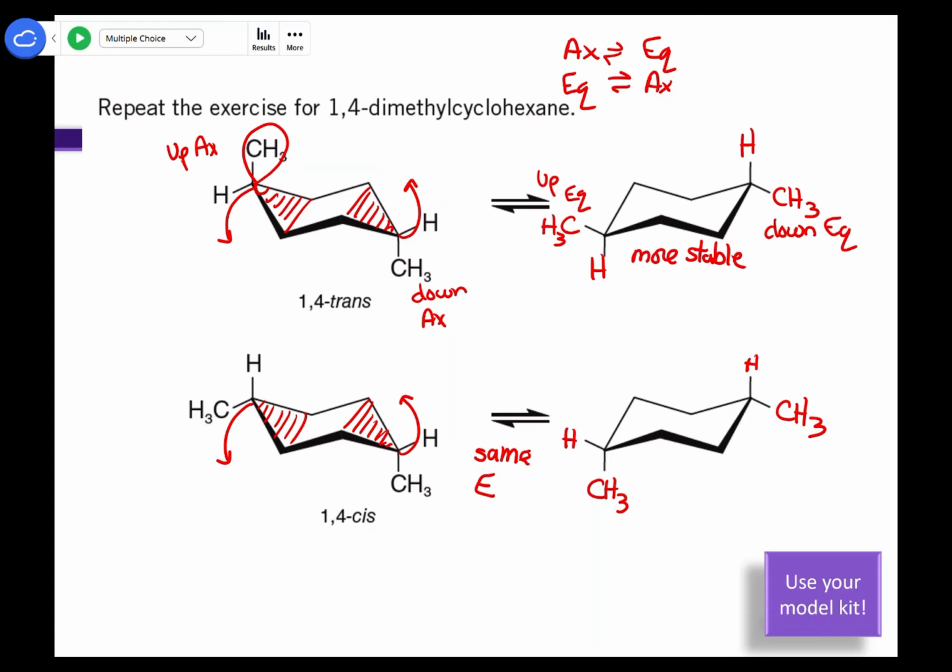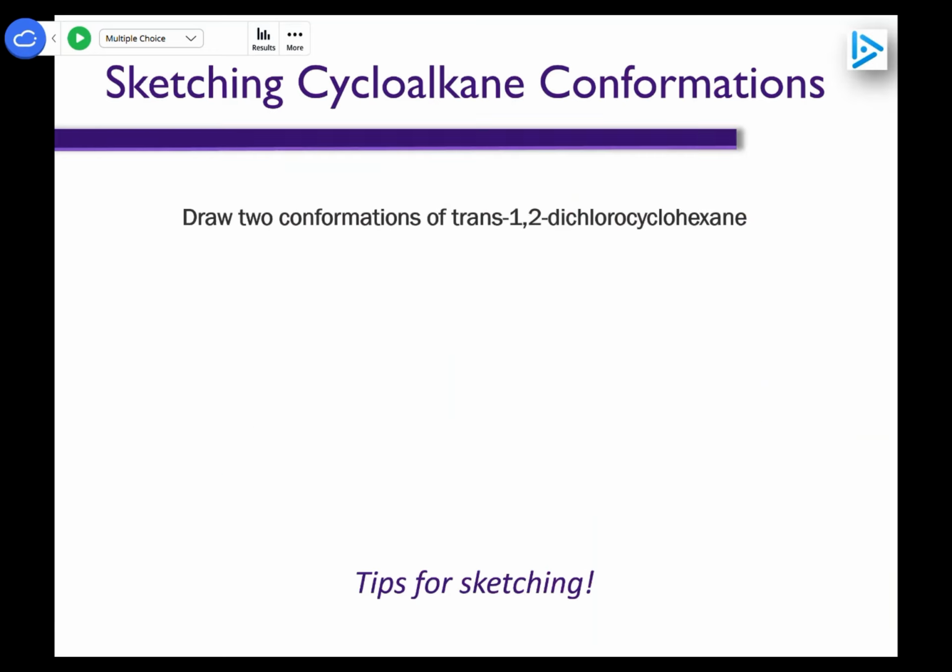Awesome. Okay, now that was a long example, but it's important because it walks us through constitutional isomers, stereoisomers, and conformations. So far, you have been drawing these molecules and just adding in the substituents. What's going to be helpful is if you have a very brief drawing class.